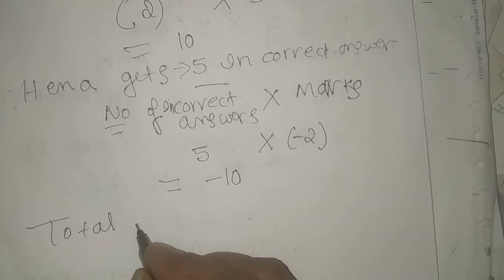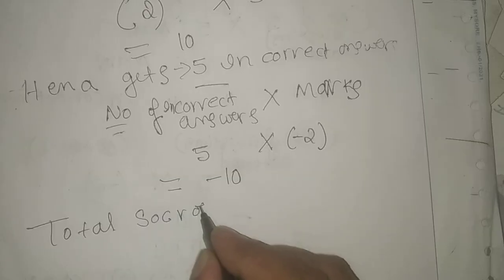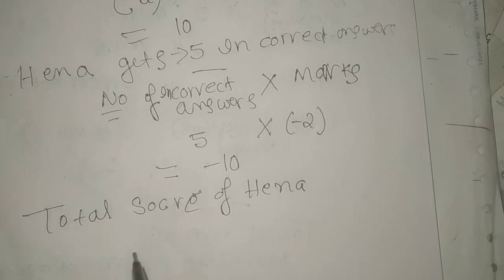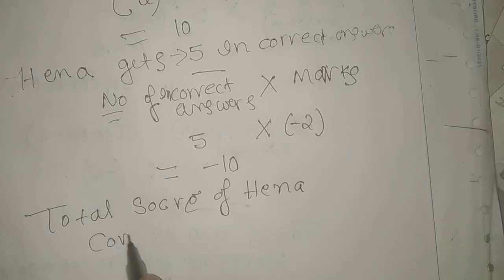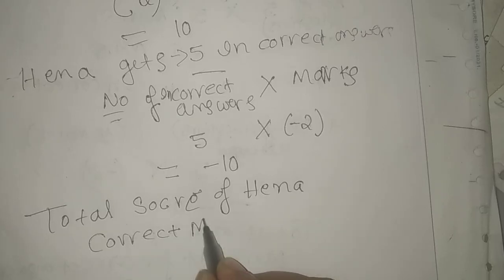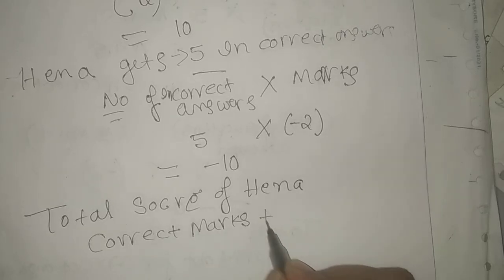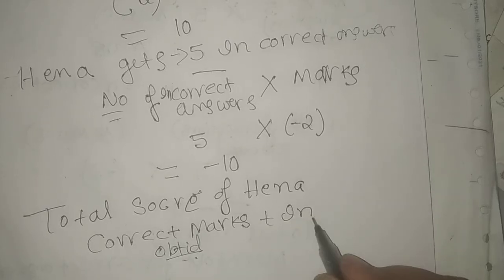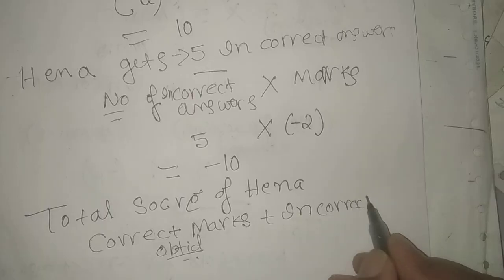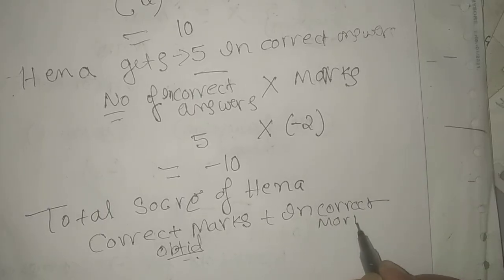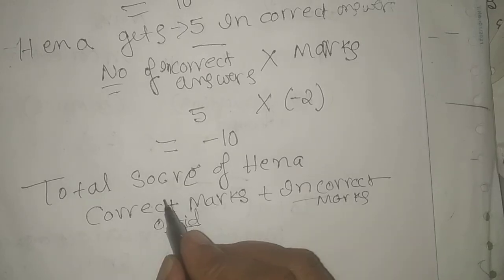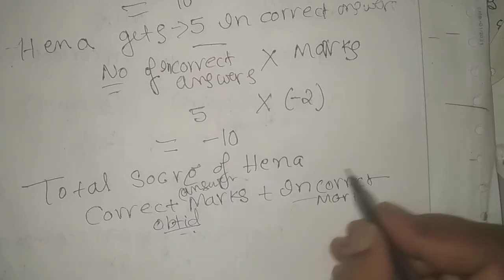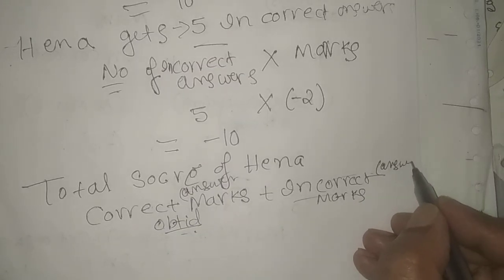Therefore, the total score of Ina is equal to correct answer marks plus incorrect answer marks.